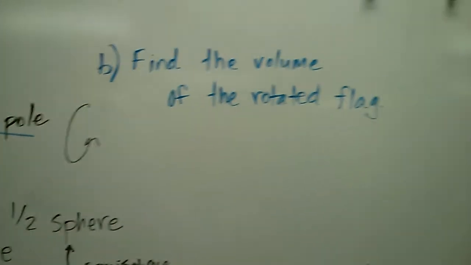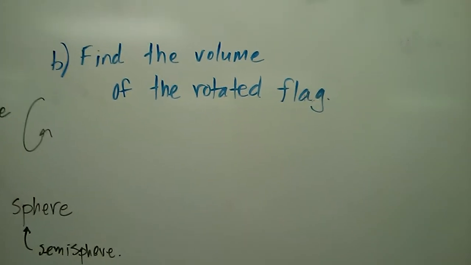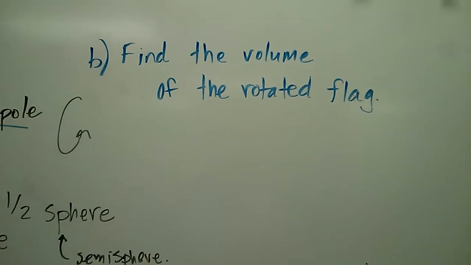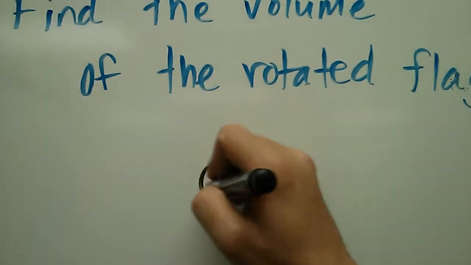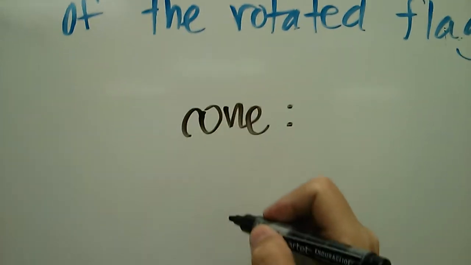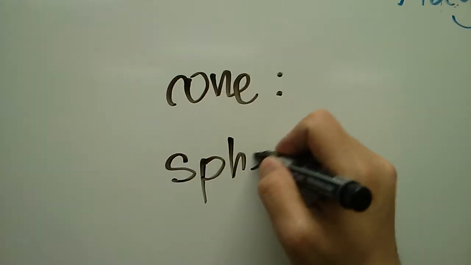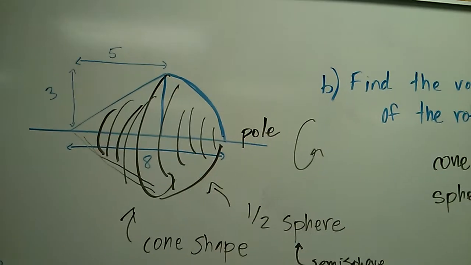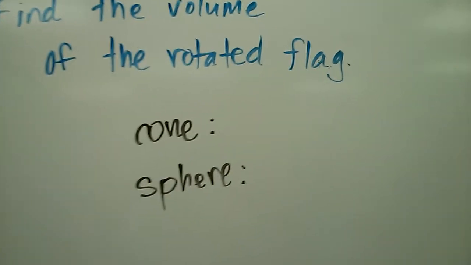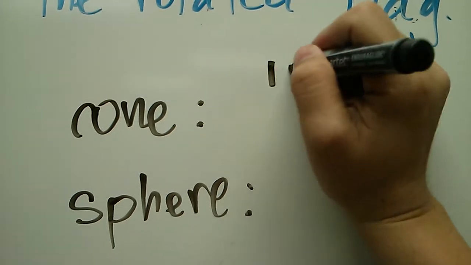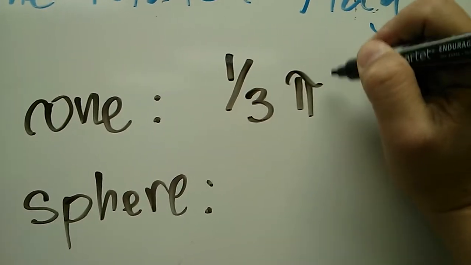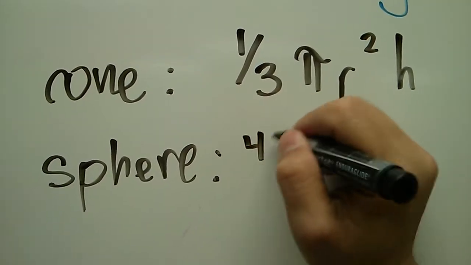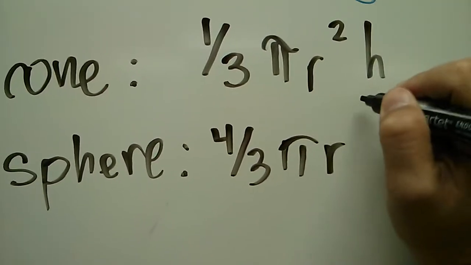Part B says find the volume of the rotated flag. So you're going to have to remember how to find the volume of a cone and also a sphere. These formulas should be in your notes: a cone is 1/3 pi r squared times h, and a sphere is 4/3 pi r cubed.